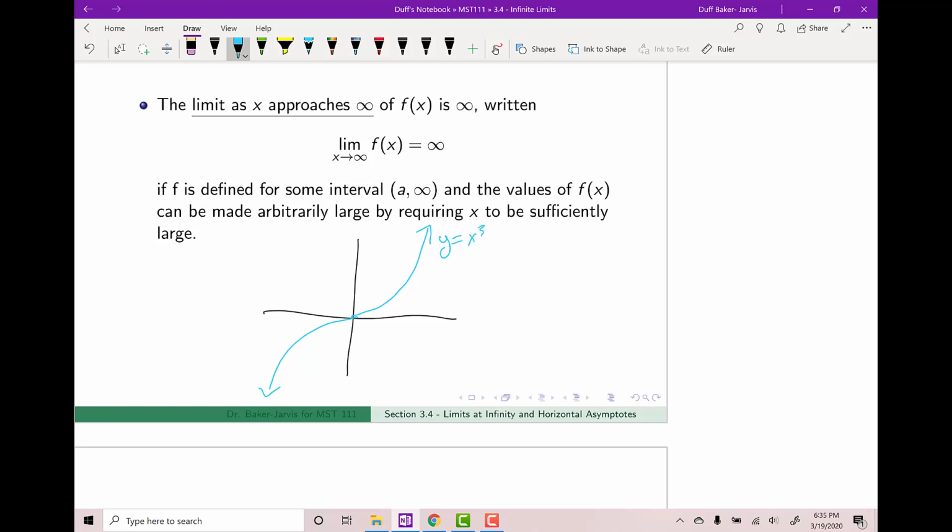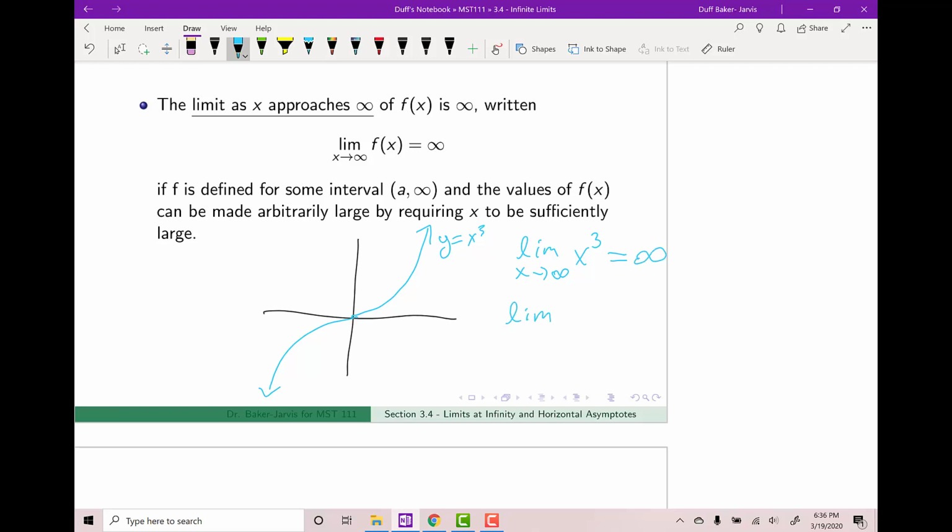In this case, as we plug in inputs farther and farther to the right, the outputs are getting higher and higher, and they never stop going up. We can make it as large as we want by going far enough out to the right. So we would say that the limit as x goes to infinity of x cubed is not equal to any specific number, it just keeps growing forever, and so it's equal to plus infinity.